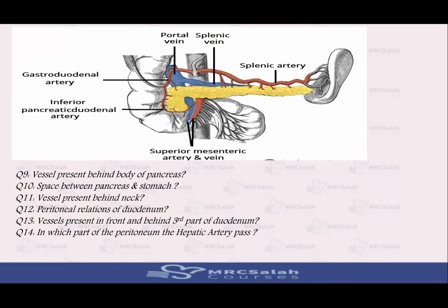Portal vein drains where? Into the liver, at the porta hepatis. So how does the liver get rid of its venous blood? Right, middle and left hepatic veins into the inferior vena cava. Excellent.